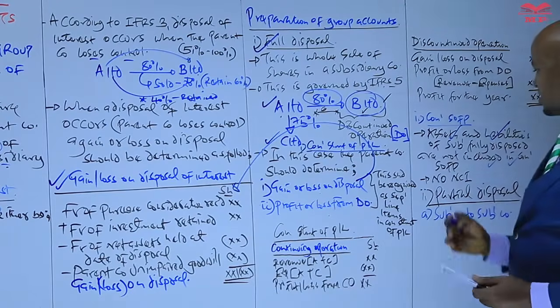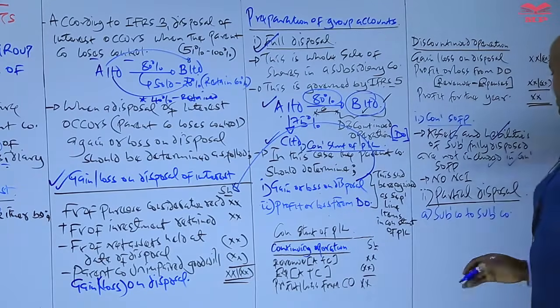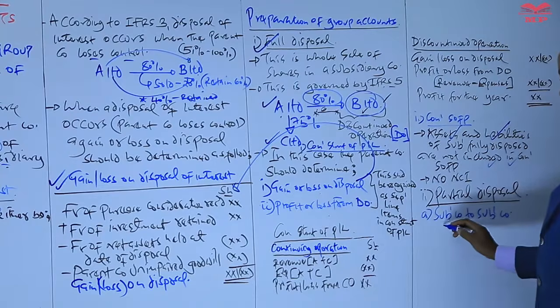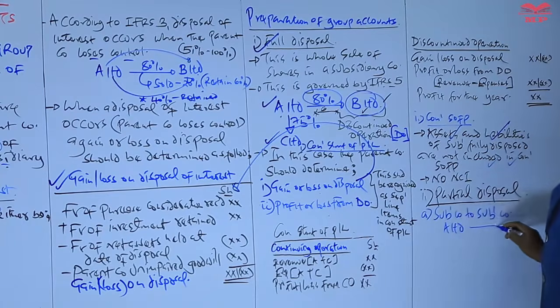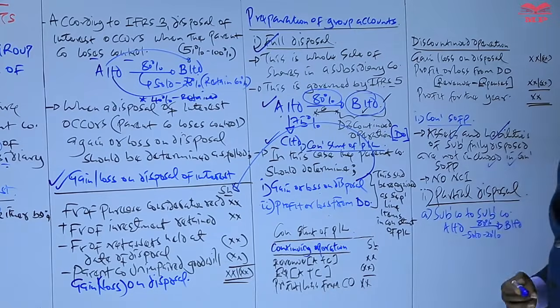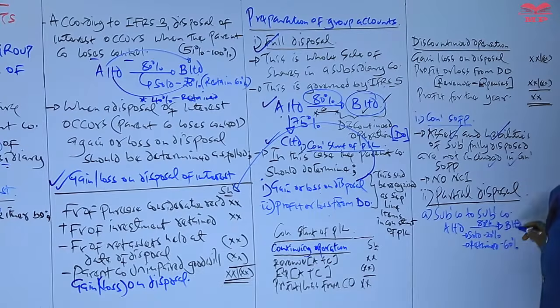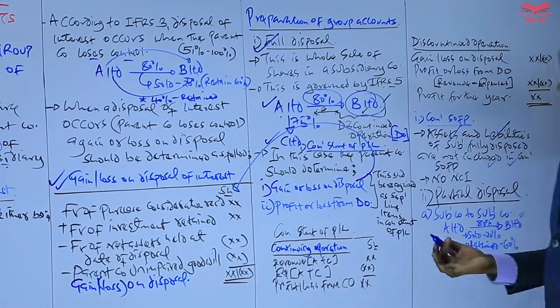So when we talk about a subsidiary to a subsidiary, this is whereby we can be told the parent company had like 80% shareholding in B Limited, and the parent company, for example, sold 20% of the shares. So if it sold 20% of the shares, then it means that the parent company here retained 60%.